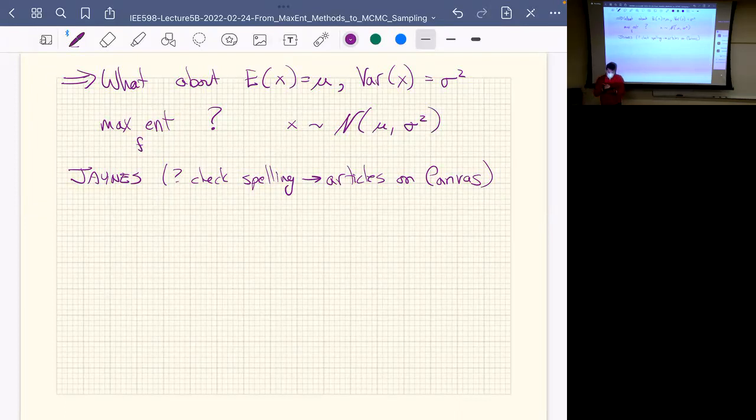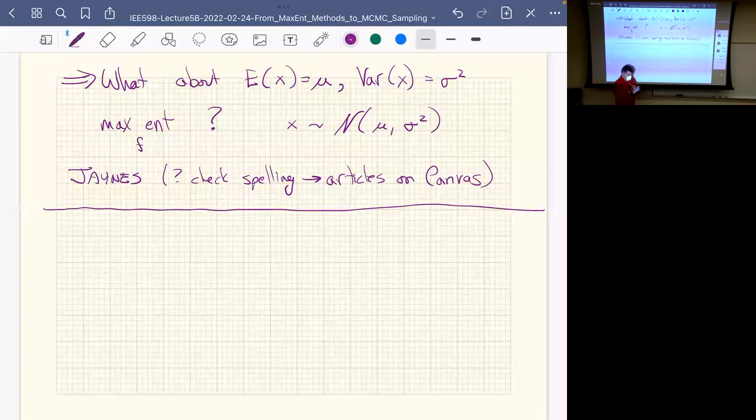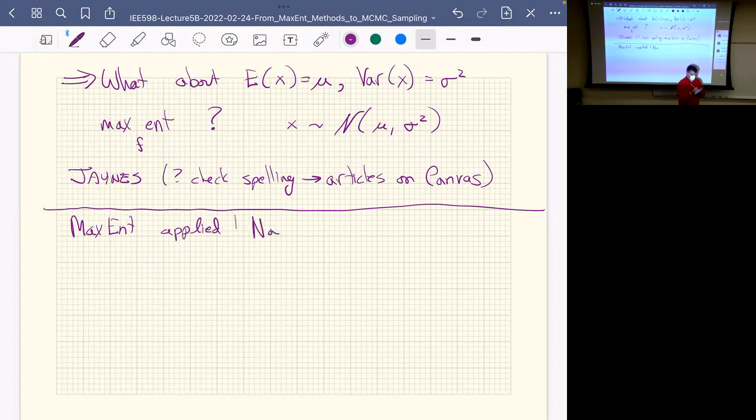All right, and so the last example I want to give that may seem more relevant, perhaps, is MaxEnt applied to natural language processing.